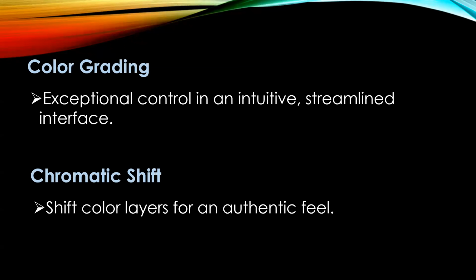We now have color grading, and I actually like this a lot better than the ones in Photoshop and Lightroom, because it's all in one little circle instead of 3 different ones, and I think it makes it a little bit easier to understand it all. Then we have chromatic shift, which is something you'll see in some advertising and movie type things.